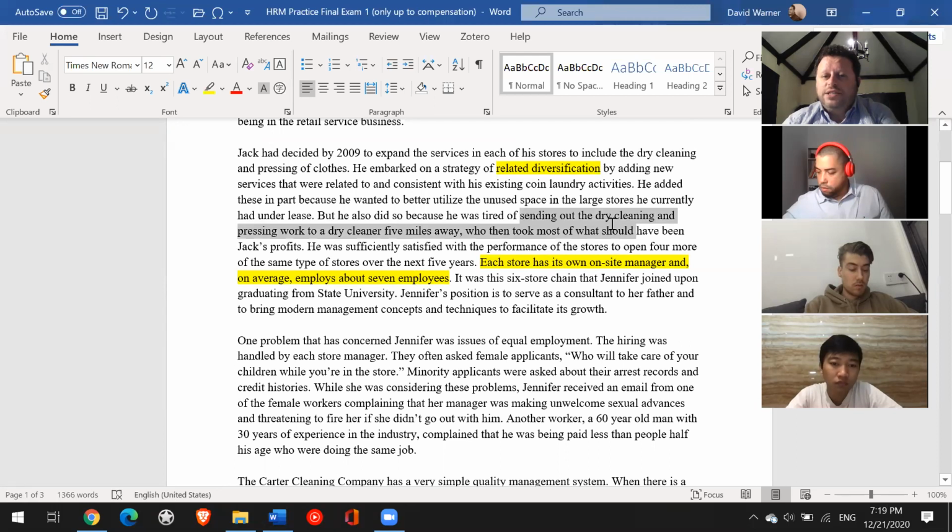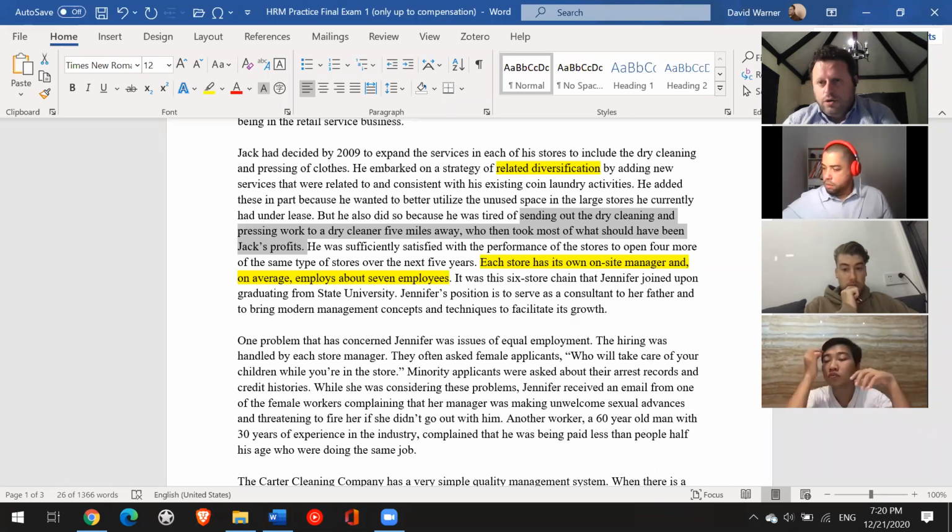This is what he used to pay someone else to do. He would send it out to a dry cleaner 5 miles away, and they took most of the profits. But when he had enough money, he decided to expand the services in each of his stores to include dry cleaning. That's an example of integration, right? He's integrating dry cleaning into his store.